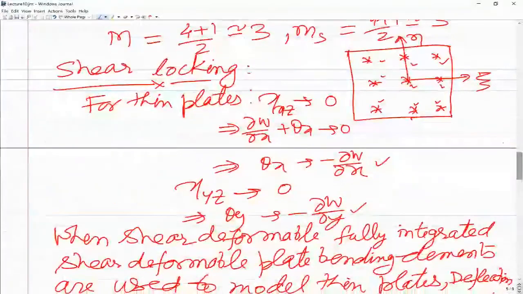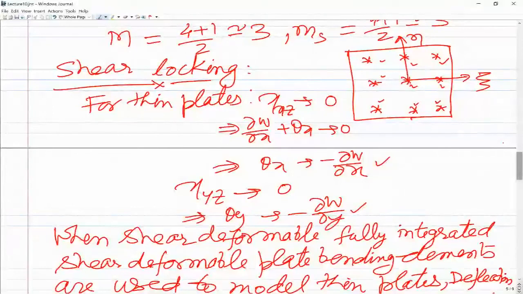Now if the plate is thin, we have seen that in thin plates the observation, and also the three-dimensional elasticity solutions, depict that when a plate becomes thin, the normal to the deformed middle surface remains normal to the deformed middle surface, and that means theta x is going to be minus del w by del x.